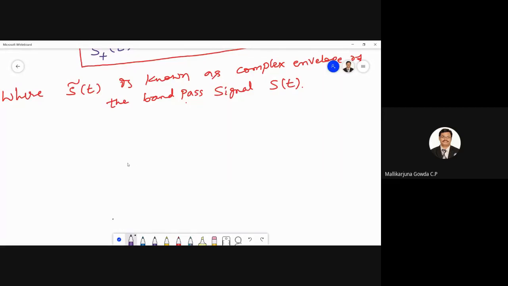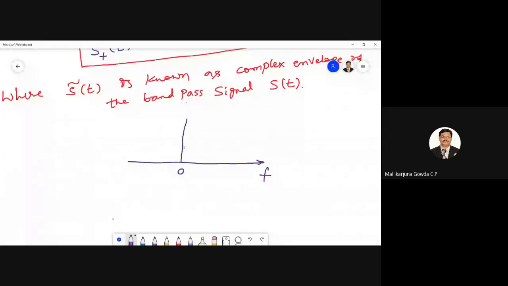I can draw the final diagram for the complex envelope of the bandpass signal. So this is the f axis, and this is my y-axis.